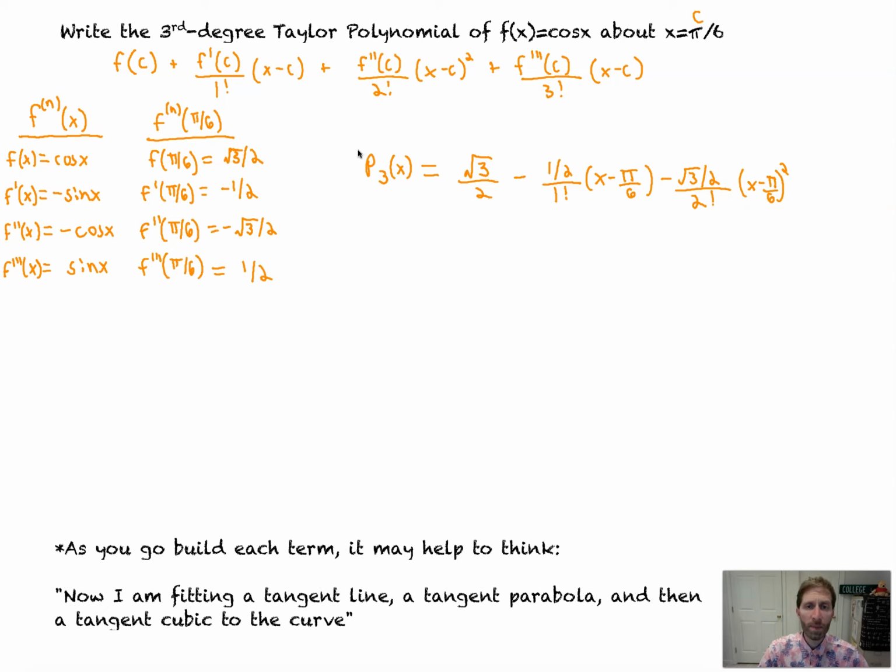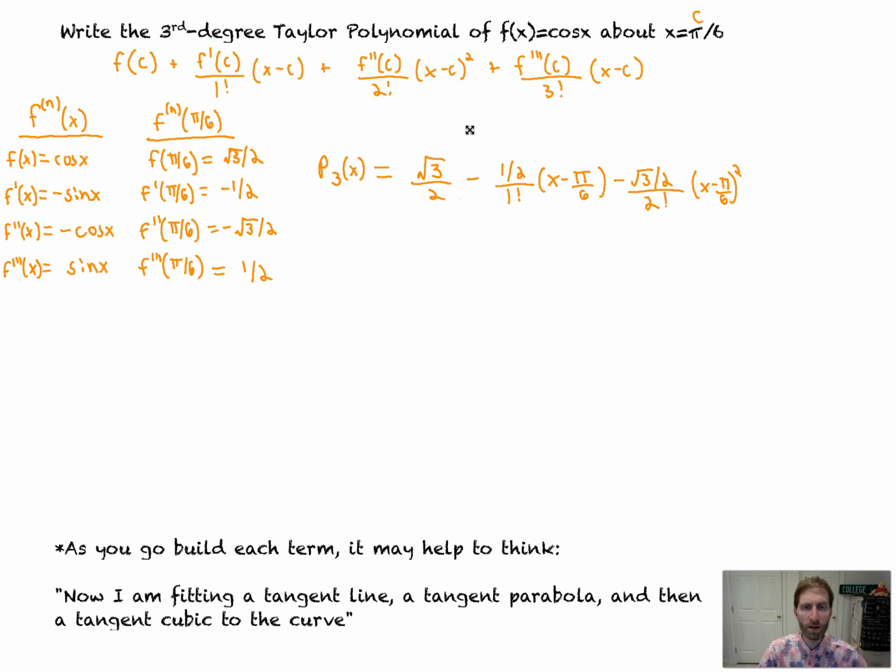I'm going to move all this stuff over a little bit, give us a little more room. And we finally have plus 1/2, and that 1/2 I'm going to put up for f triple prime, of course. So that's 1/2 all over 3 factorial, times x minus c to the third, x minus pi over 6 to the third.